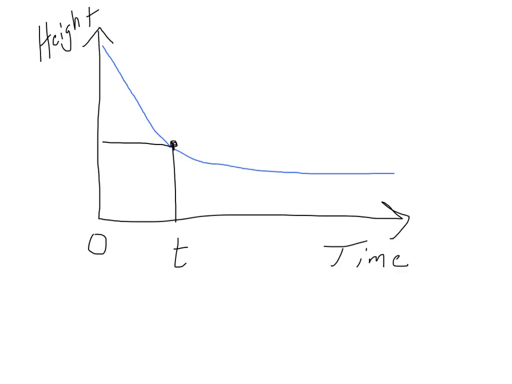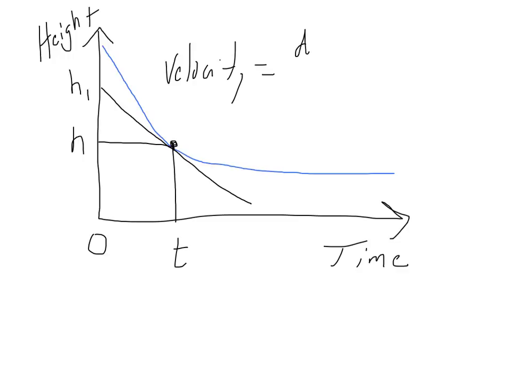It's got a height associated with it, h, and the slope of the line at that point will intersect the height axis back at t0 at a height h1. So if we wanted to know the velocity of the interface, it's simply going to be the change in height over the change in time, which in this case is going from height h1 to height h over some time t.